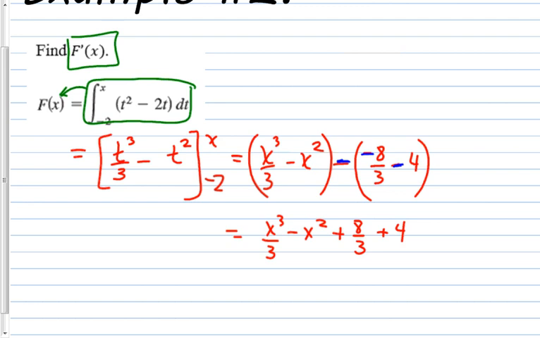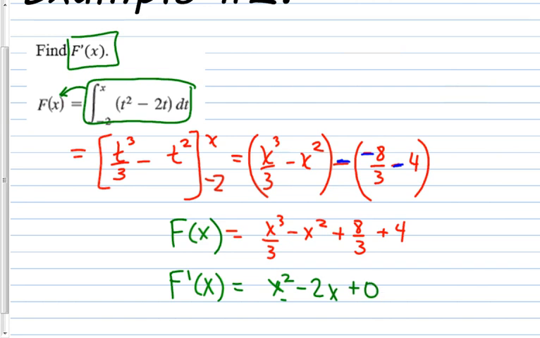They want the derivative of f of x. So this right here is f of x. So derive it. F prime of x equals 3x squared divided by 3. Oh, the 3's cancel out, so I don't really need them. Minus 2x plus 0.